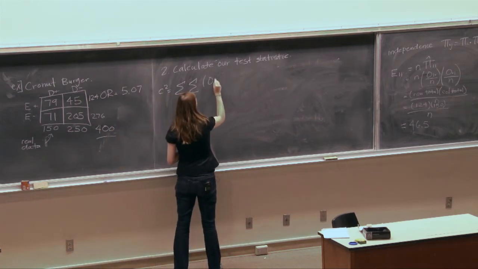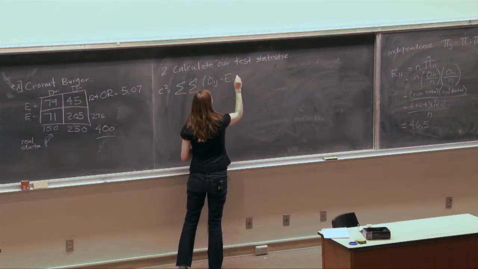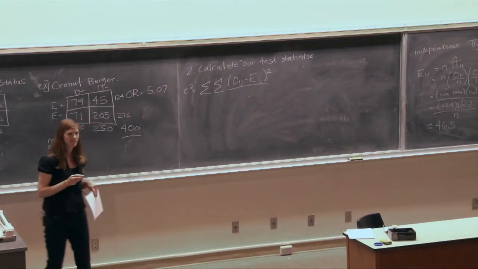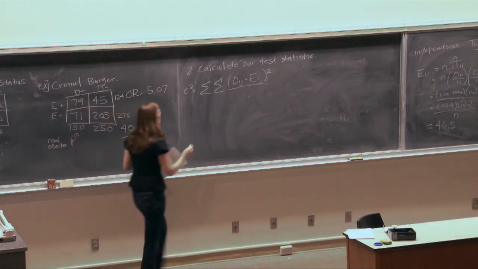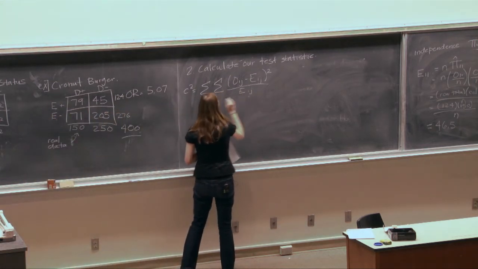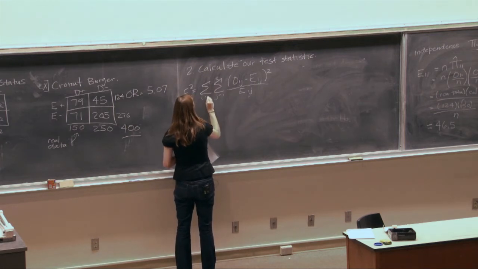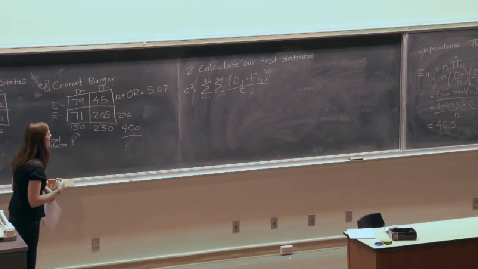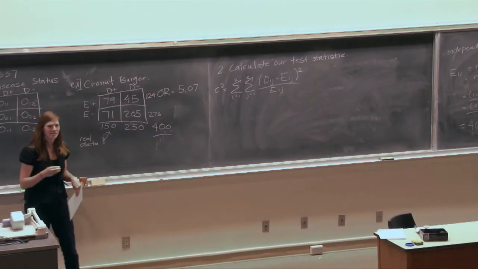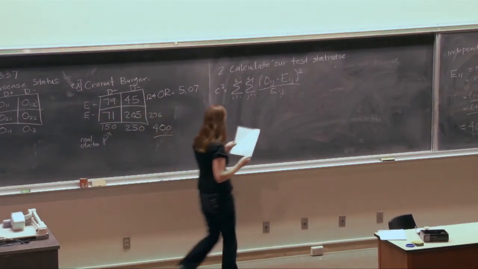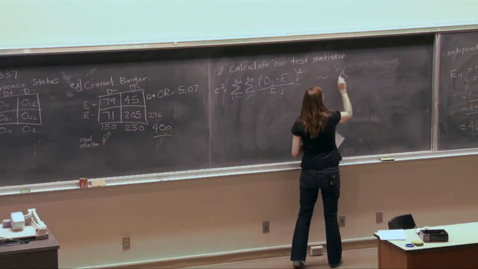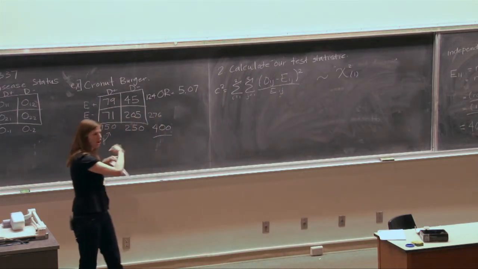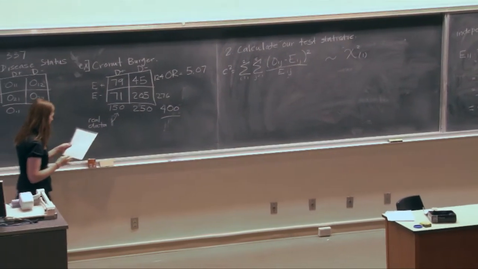We're going to take all the differences between the observed and the expected cell counts, square them, because we like positive numbers, and divide by the expected count in each cell. So that's how we're going to compare the two tables. And not in this class, but maybe in Stat 330 or 450, we would learn that that has a chi-square 1 distribution for all of the possible tables that would relate.